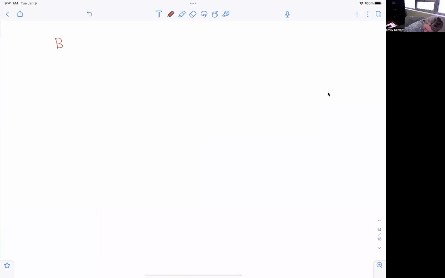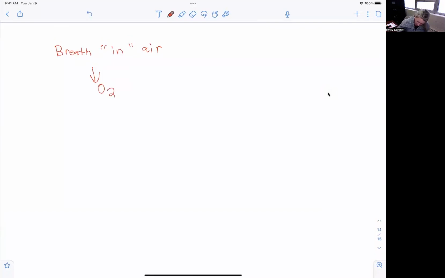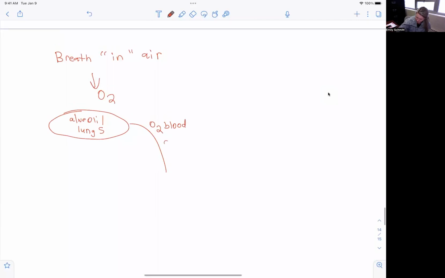We're going to say breathe in air, oxygen, breathing in oxygen. This oxygen is going to reach the alveoli and the lungs. So we have oxygenated blood, which is our arterial blood. This is going to combine with hemoglobin.